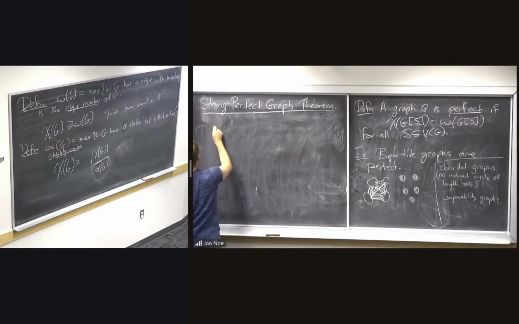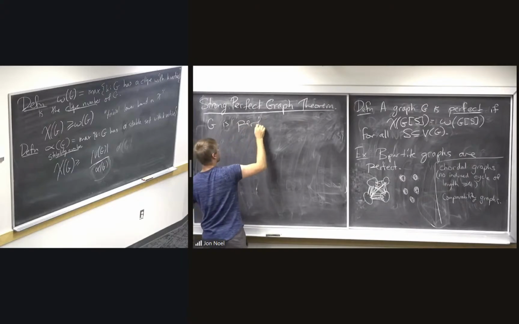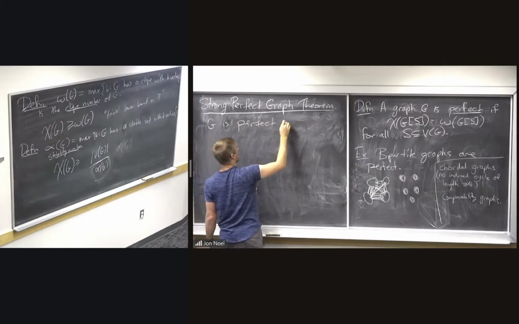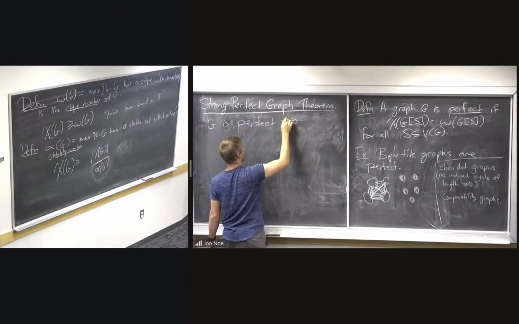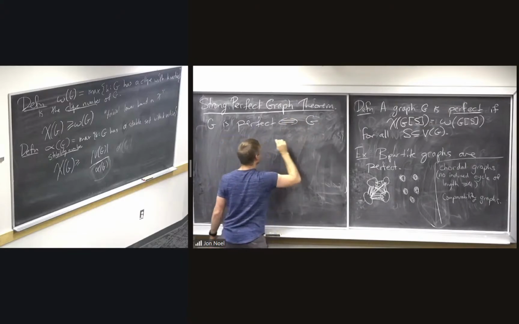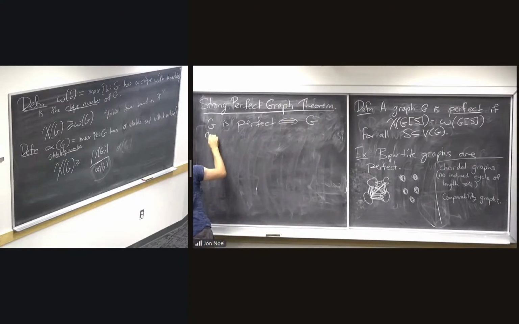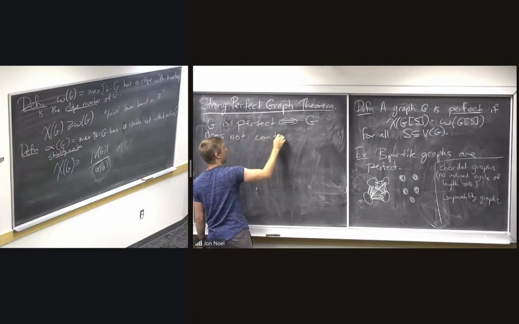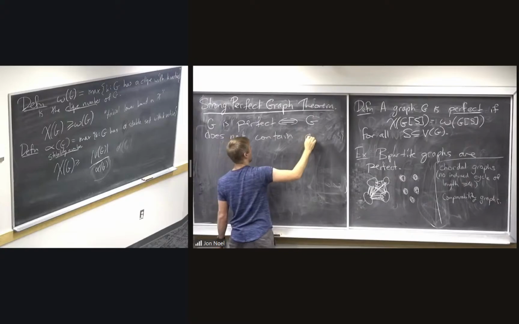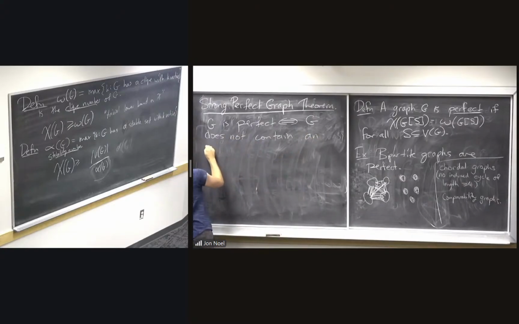Which says that G is perfect if and only if G does not contain an induced copy.